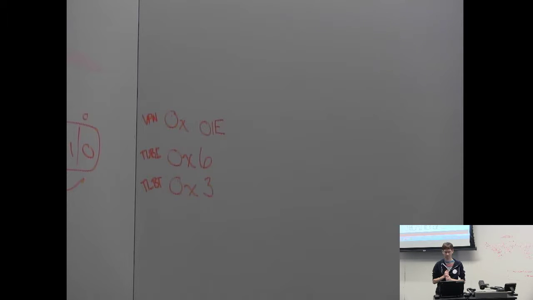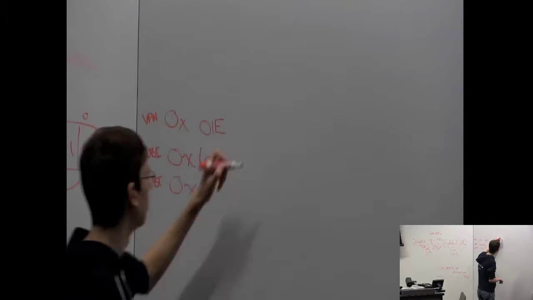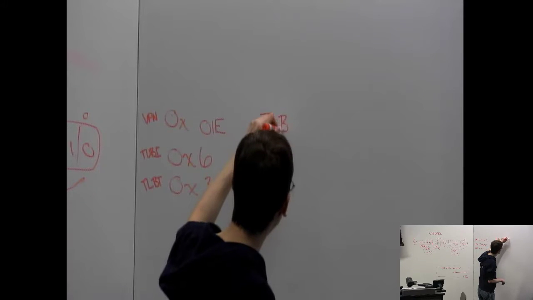No. Not according to this table. 6 has tags 1B and 0 in it. Neither of those are equal to 3, so it looks like this is a miss. Okay, so TLB hit. No.